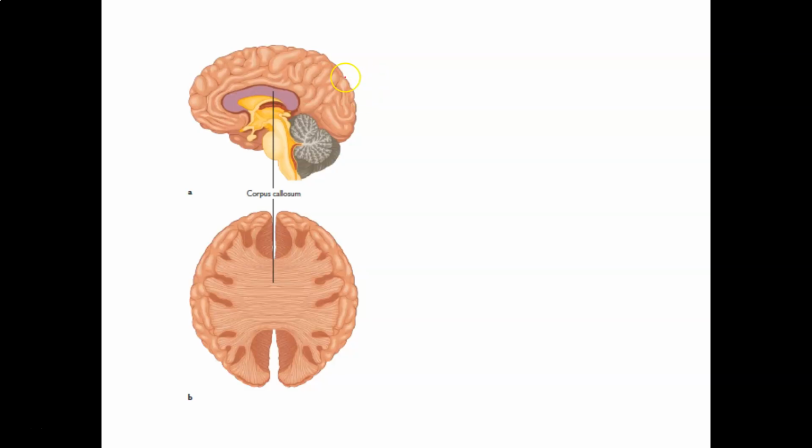We've cut the brain in half, and you're looking at the inside view of the brain. What's colored in purple here is the corpus callosum. So it's a pretty large structure, and it makes sense because its sole purpose is to connect and communicate between the two hemispheres. All of this is filled with neurons, and those neurons are transmitting their axons through the corpus callosum to the other half of the brain.